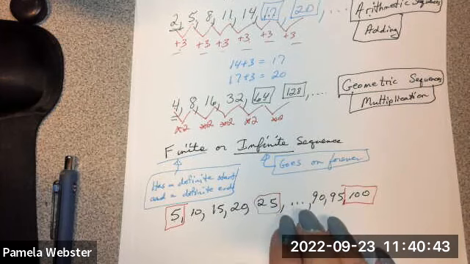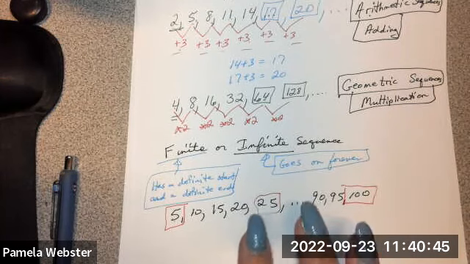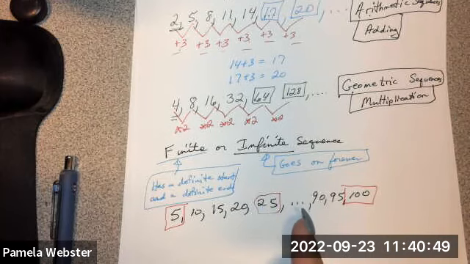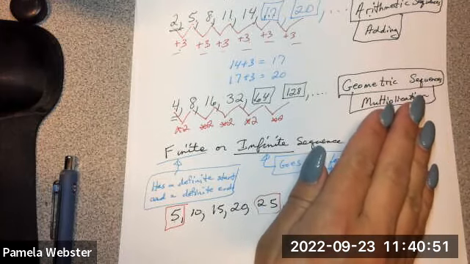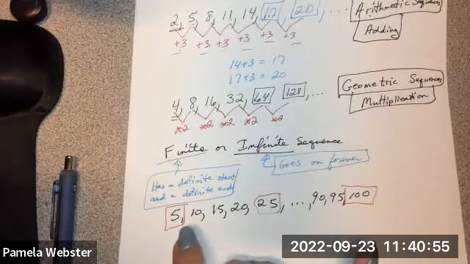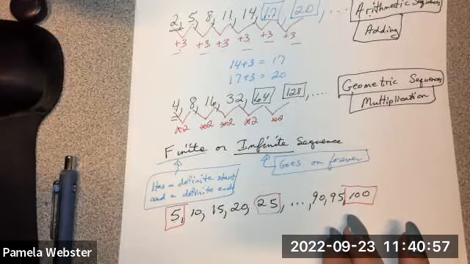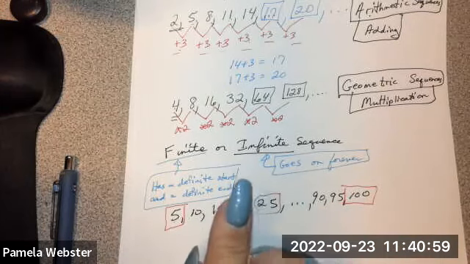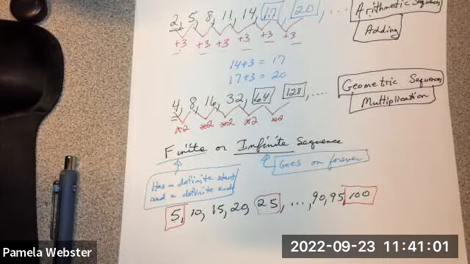So we know there are terms in there. We could count them. If I stopped at 25, it was only 5 terms. But here I have a bunch more terms, right? So I can figure out how many terms are in there, because I can count them. Infinite, I can't count them, right? They just go on and on and on.